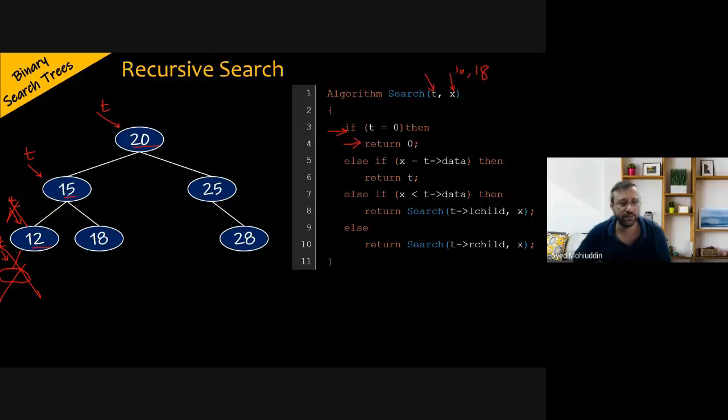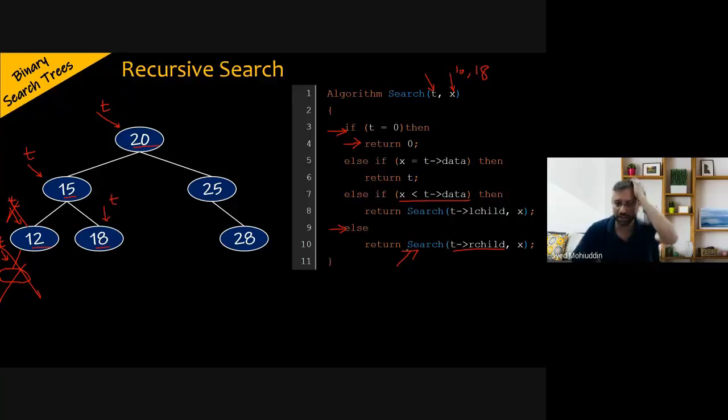We check here if 18 is less than 15, which is false. So we move to the else part, where we recursively call the search algorithm passing the right child. So t will now be pointing to this node, which is 18. Then the algorithm is recursively called.